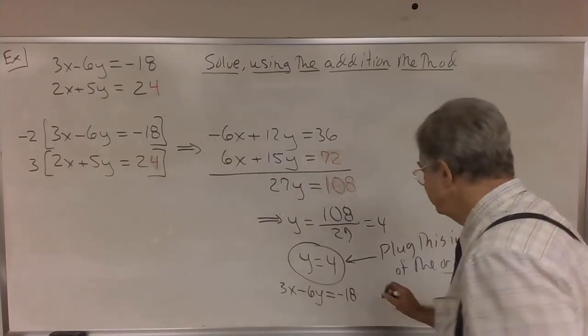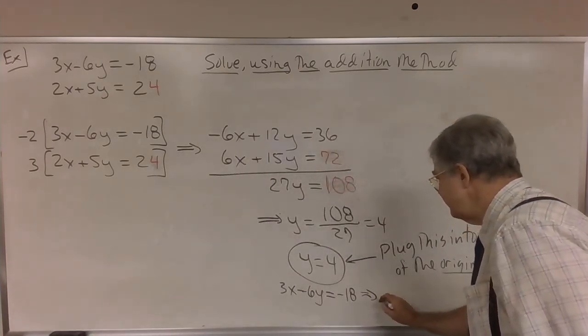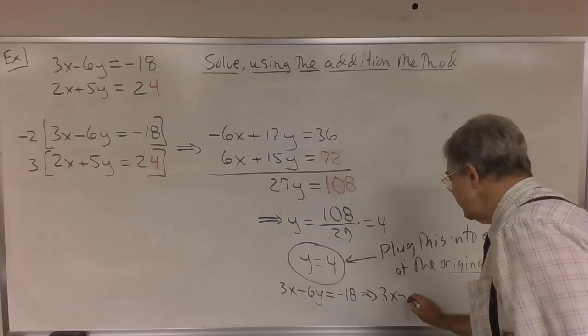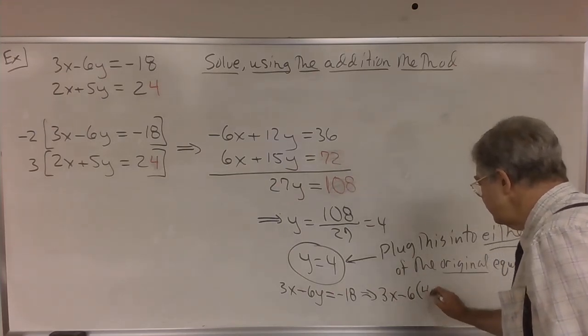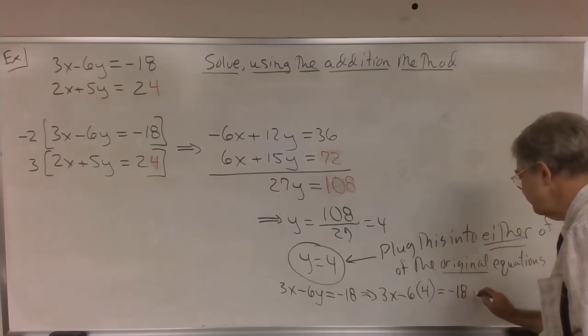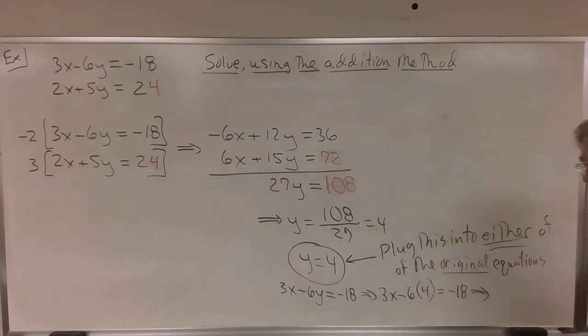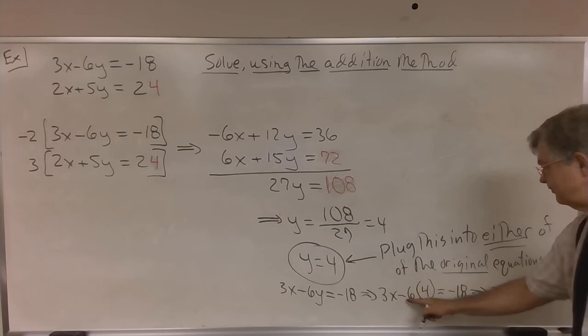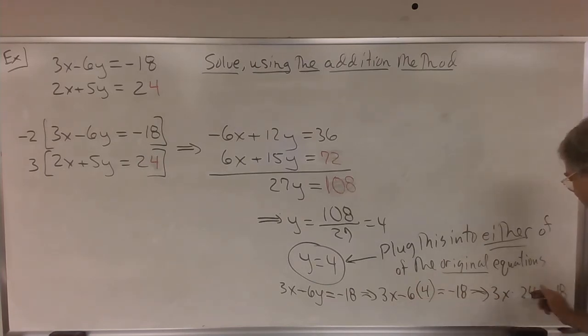And y equals 4. So that means we have 3x minus 6 times 4 equals negative 18. And that means 3x minus 24 equals negative 18. Negative 6 times 4, negative 24. There we go.